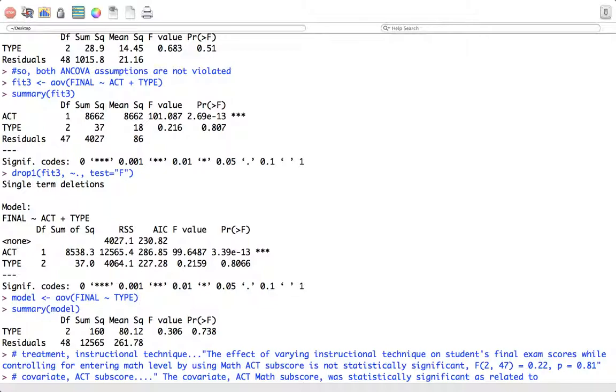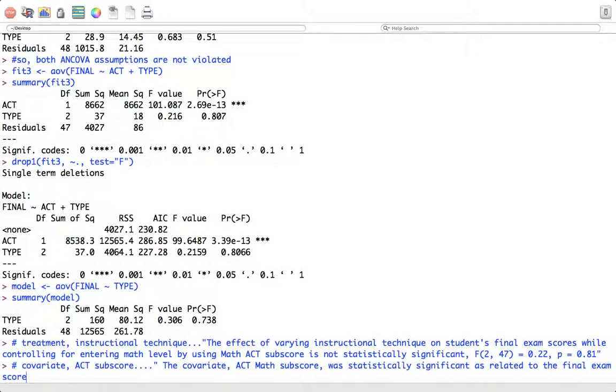My ears are buzzing. All right, anyway, the covariate ACT math subscore was statistically significant as related to the final exam score. And I'm going to come in with my F, so my degrees of freedom were 1. Okay, guys, so what I'm doing, I lost my place here, where am I? Okay.